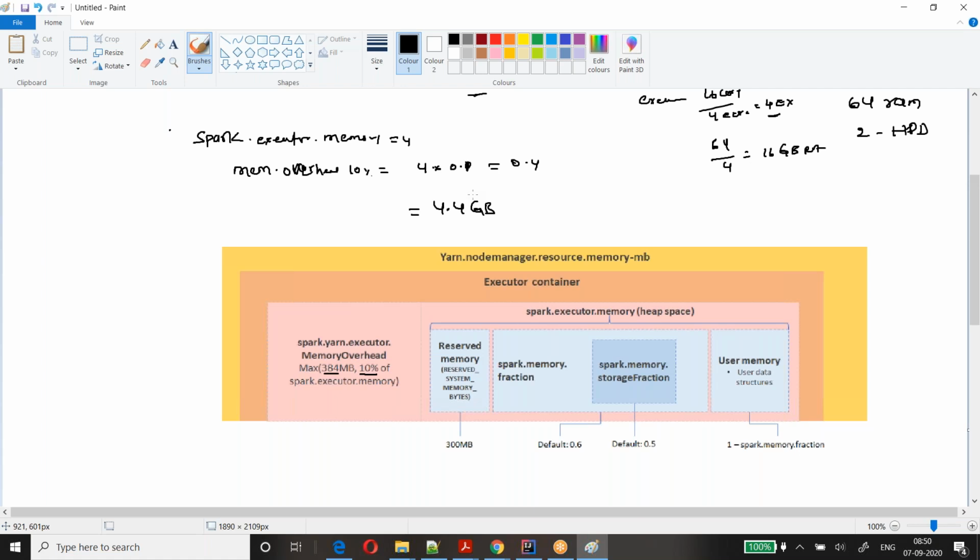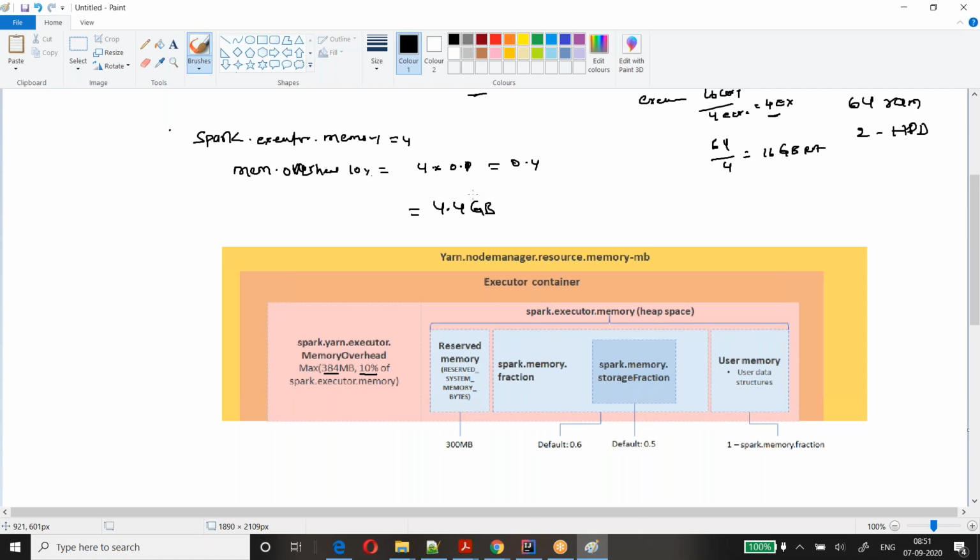Okay. So again, this amount of memory will be divided. Some amount of memory will be allocated for execution and storage. Look here, 300 MB reserved memory.